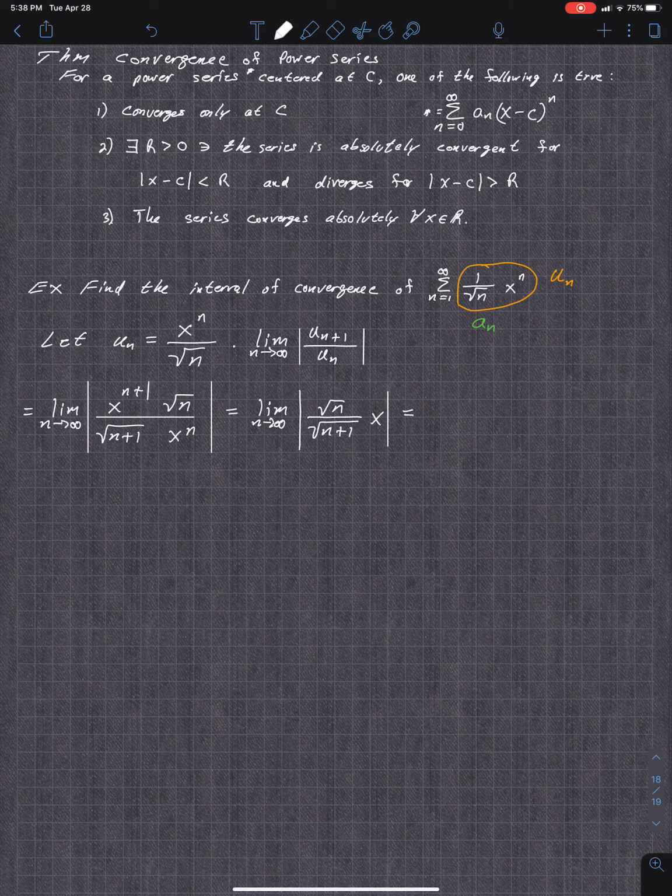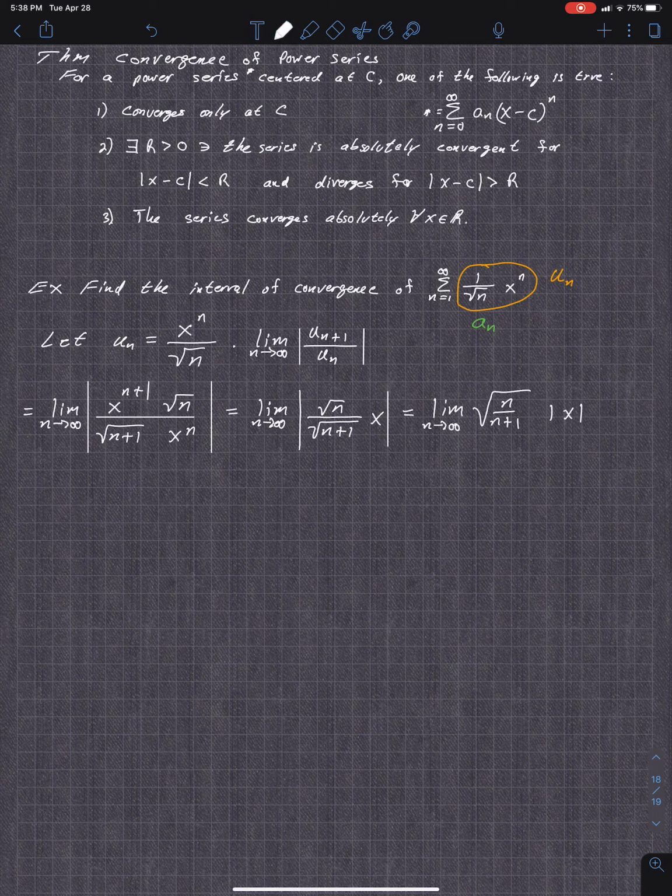And you can rewrite that as the limit of root n over, oops, not x, sorry, over n plus 1 as n approaches infinity, times the absolute value of x. So that step, you can take out the absolute values of the root because that's positive anyway, can't be negative, and you're approaching large values.